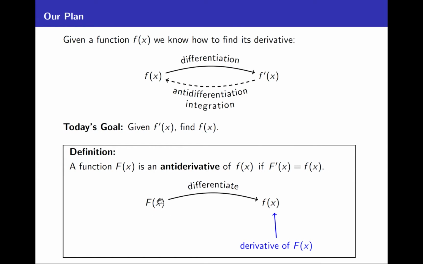Given a big F of x, if you differentiate it and get a little f of x, that little f of x, of course, is called the derivative of big F of x. But our definition here today says that this big F of x is the antiderivative of little f of x. An antiderivative of little f of x is a function big F of x, which if you differentiated it, would give you little f of x.